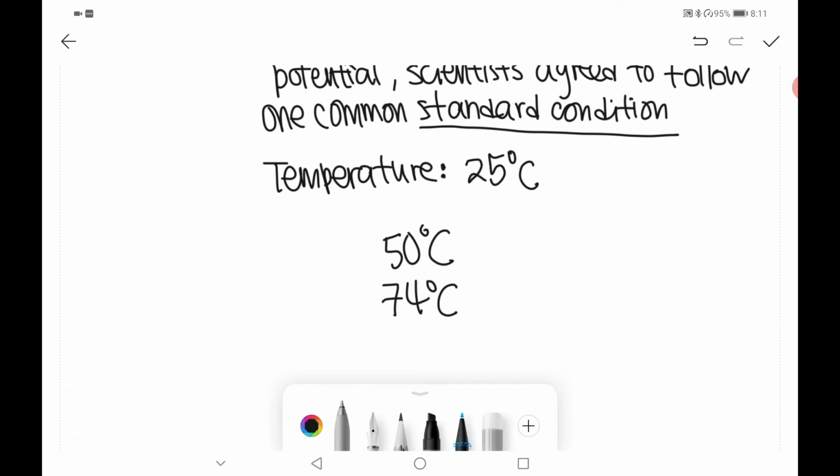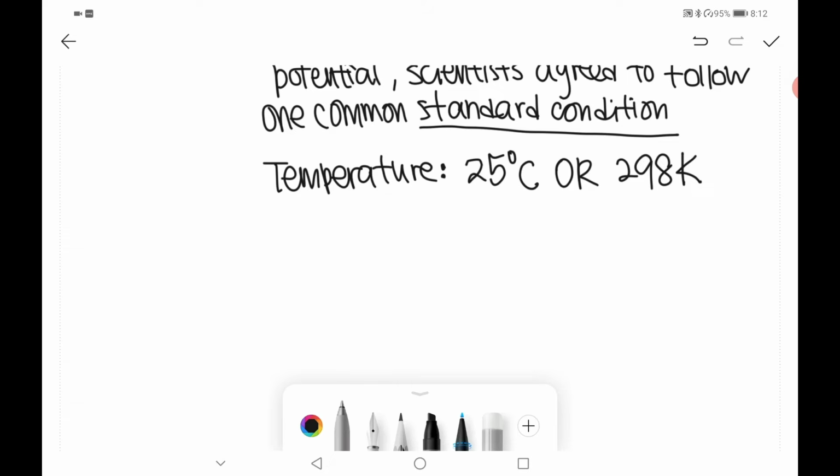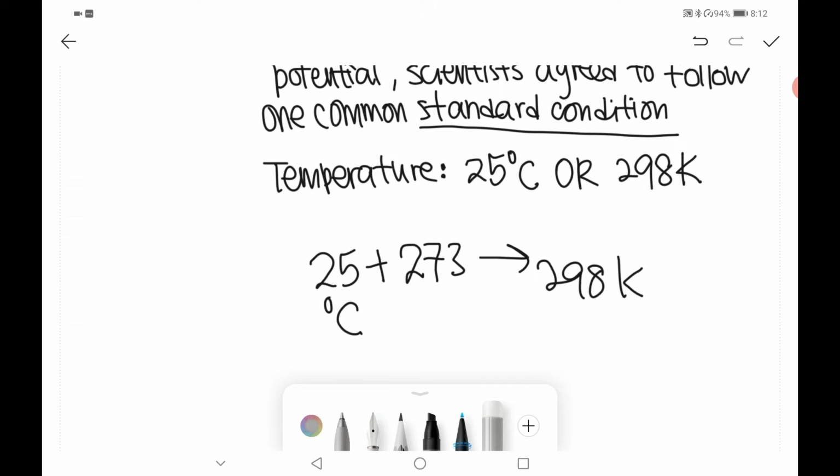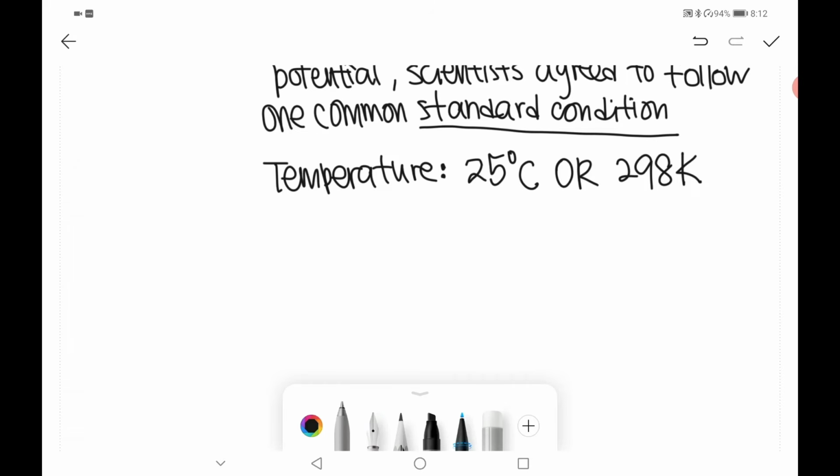You must carry out the experiment at 25 degrees Celsius. 25 degrees Celsius can also be written as 298 Kelvin, which is 25 plus 273. You learn this in physics. So the temperature is 25 degrees Celsius, or 298 Kelvin.